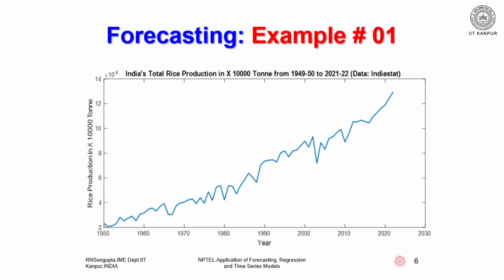So, this is the information or the data which you see about India's total rice production in 10,000 tons for the year 1949-50 financial year to 2021-22, and the data, which I will just mark here for your information, is basically being taken from the India stat data.